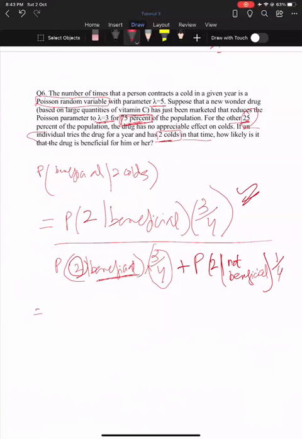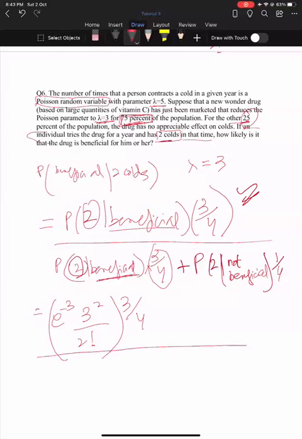For the people for whom it was beneficial, lambda has reduced to 3. So we get e to the minus 3 times 3 squared over 2 factorial. And that is for the 3/4 of the population, which is 75%. And then the same thing for this part in the denominator.